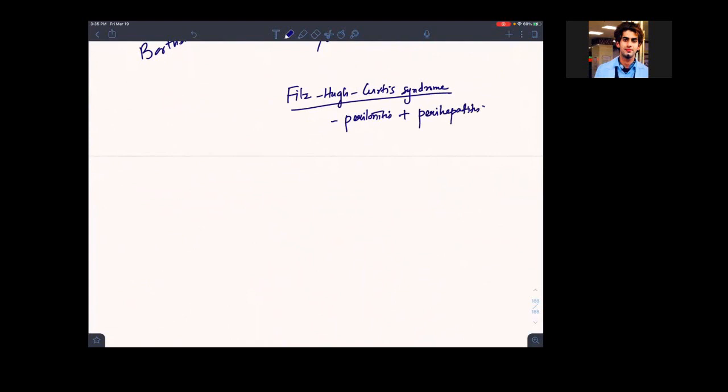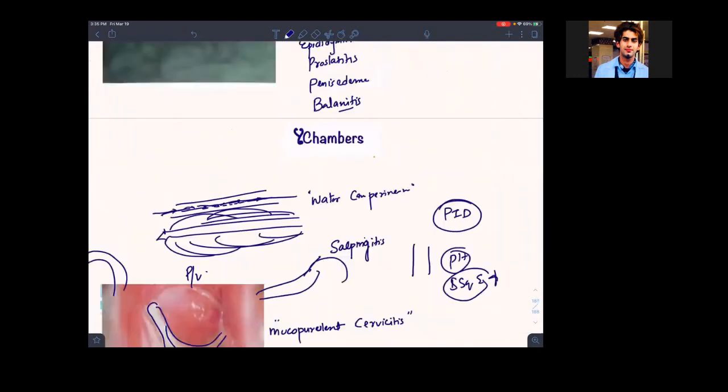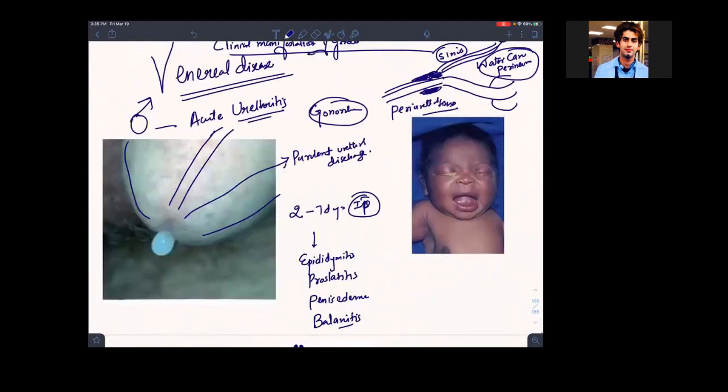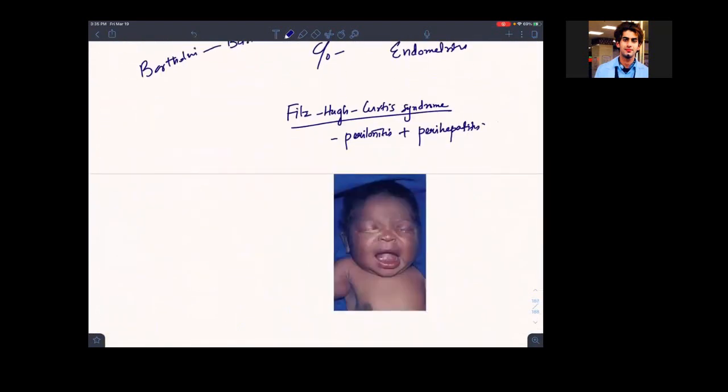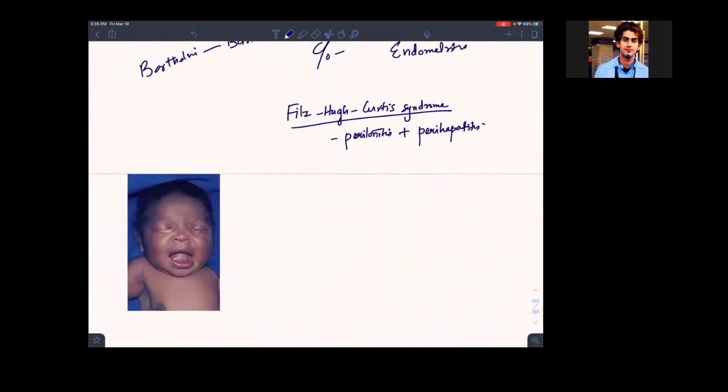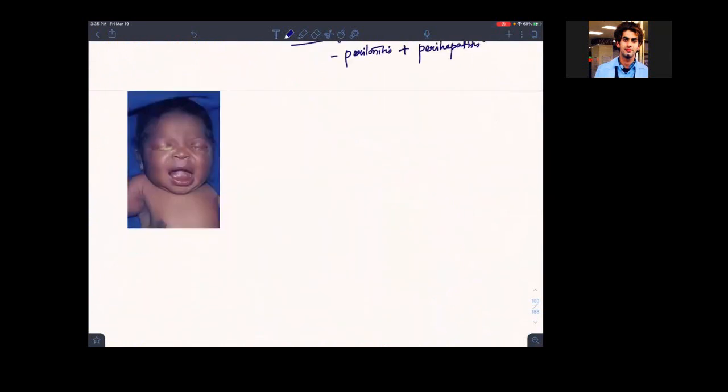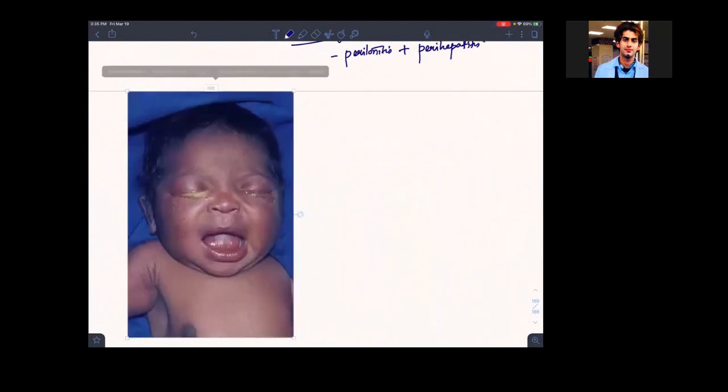Now they will ask you what happens in neonates. Take a 20-day-old baby. Can you appreciate the purulent eye discharge in this neonate? This purulent eye discharge is called ophthalmia neonatorum.